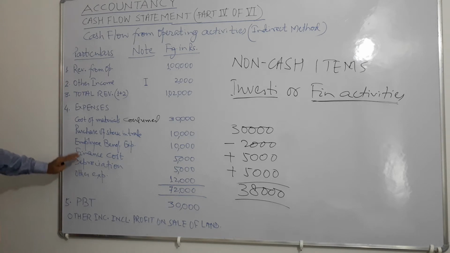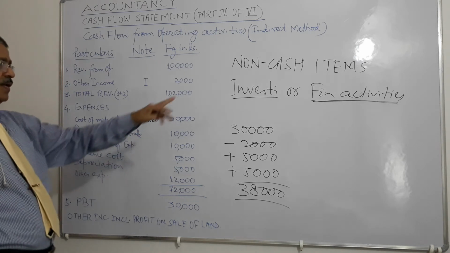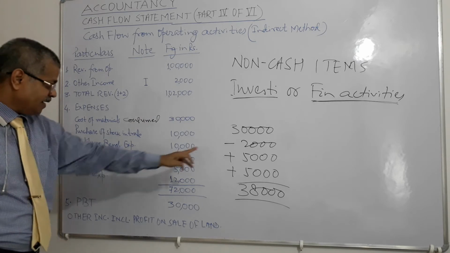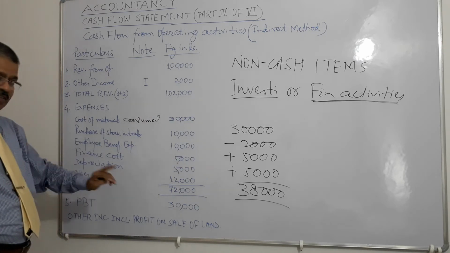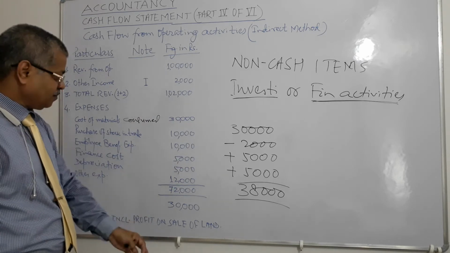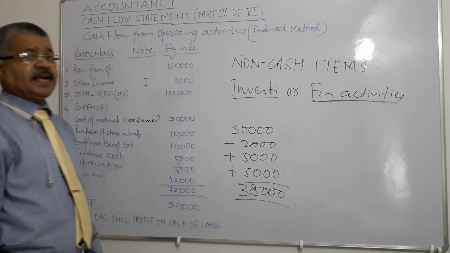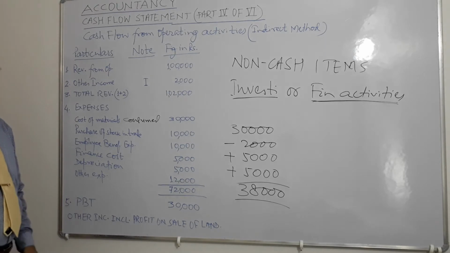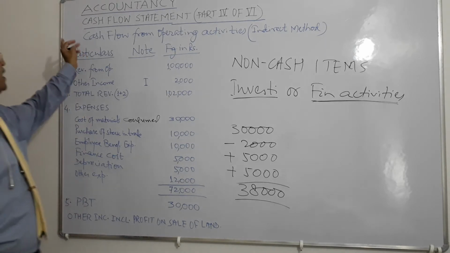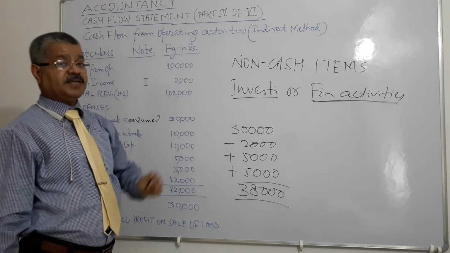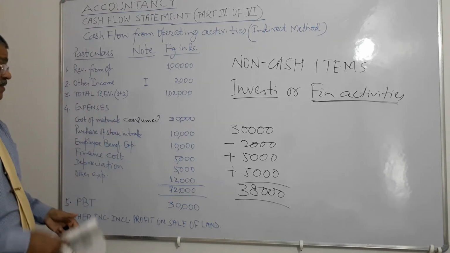And finance cost and depreciation: finance cost is on account of financing activity, it will be added back. Depreciation is on account of a non-cash item, it will be added back. So we will get 38,000 of PBT so far as cash flow from operating activities through the indirect method is concerned, right?